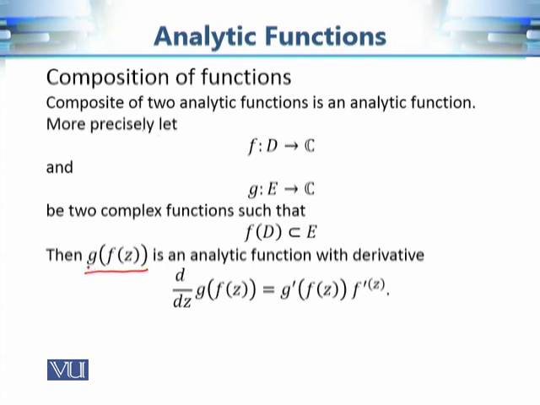If we are given two functions f and g, and both functions are analytic, then their composition is also analytic, and in fact we can also calculate the derivative using this formula. Okay, so this is not in the power, it's basically like this. And of course the simple condition that whenever we apply f on the domain D, then f of D must be contained in E. Otherwise we cannot apply g on that output of f.